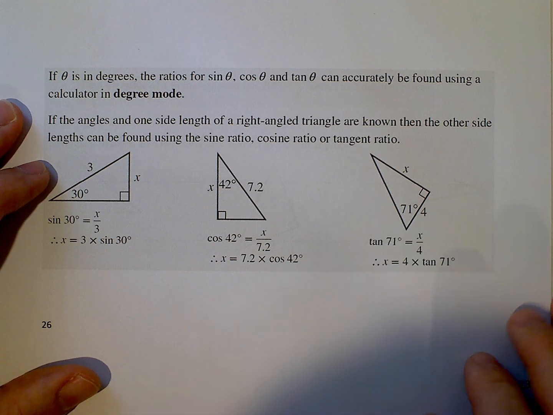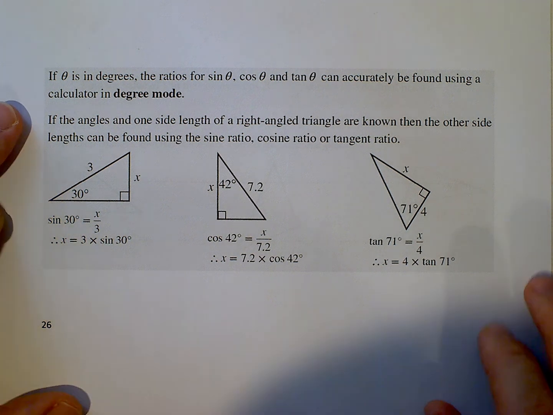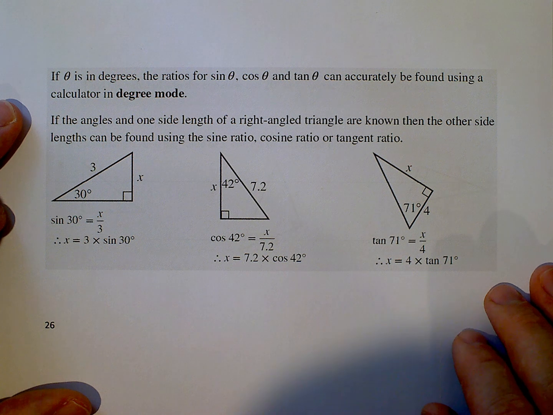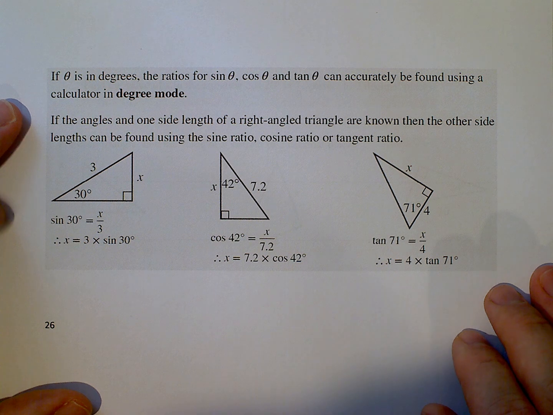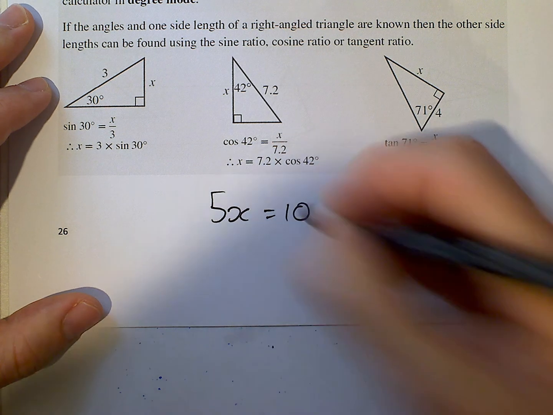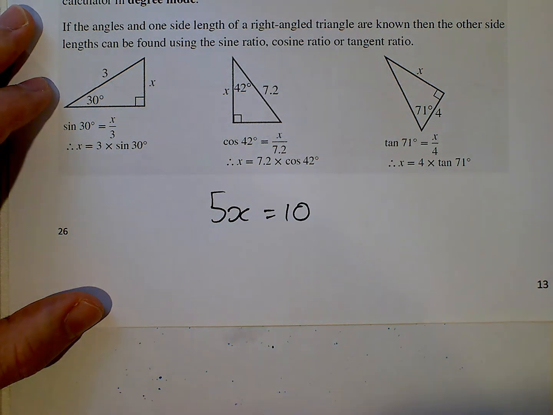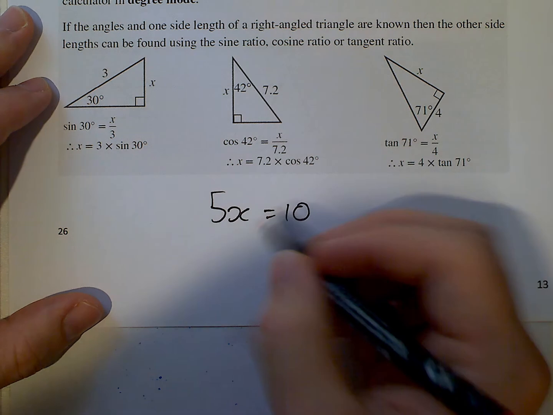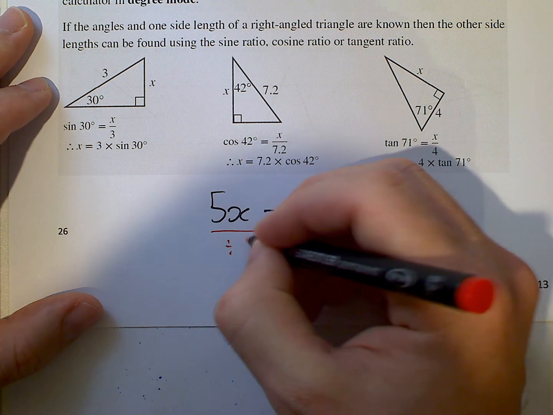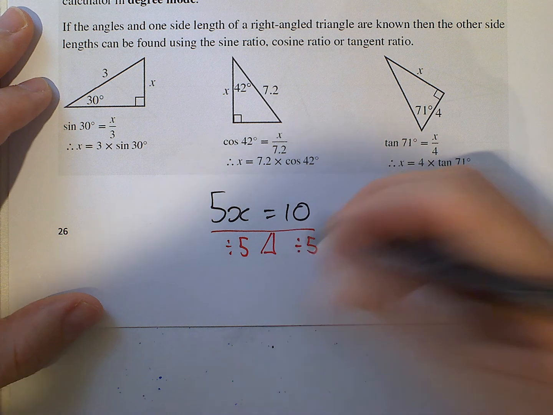Now, I kind of like these examples, but I think the best way to learn is actually by doing them. So I am just going to show you how we're going to do it, and there's a little bit of equations involved. So just to remind you what the equations are, if I have 5x equals 10, if I wanted to find out what x was, what I did to one side of the equation, remember it's like a balancing board, divide this side by 5, divide this side by 5.